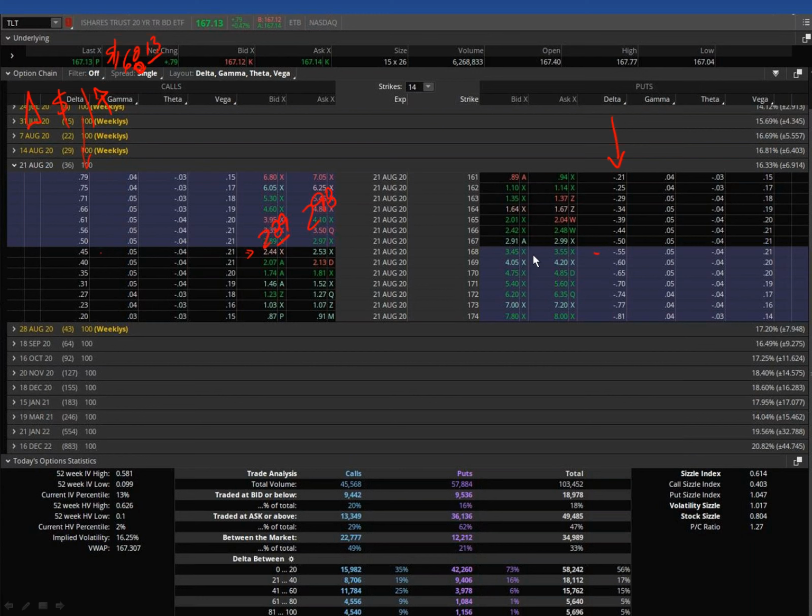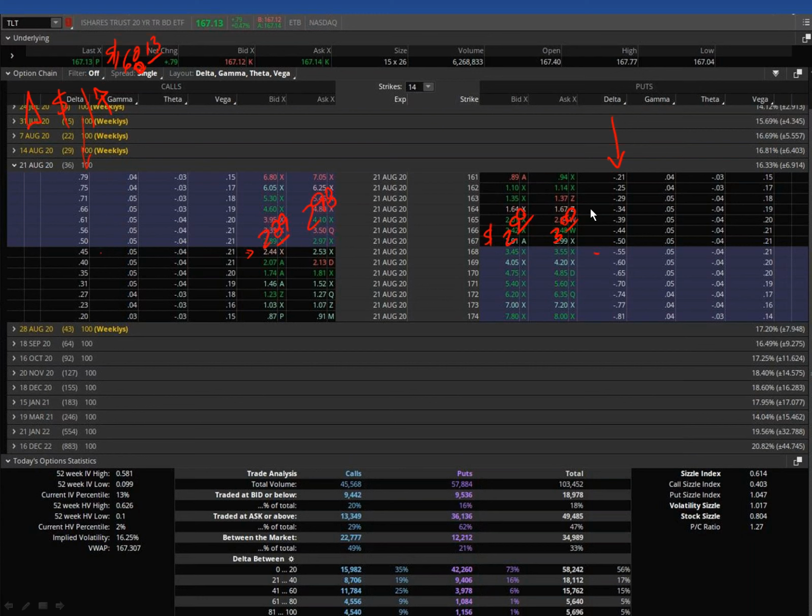So what we're looking at here is these would go from 3.45 losing 55 cents. We're talking about a $2.90 bid, and the offer would go down by 55 cents, and they would be $3. Okay, so they decrease as the market goes up and away, right? Because puts are bearish, we know that.